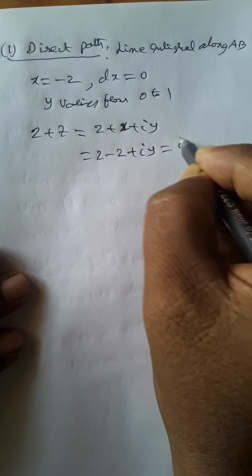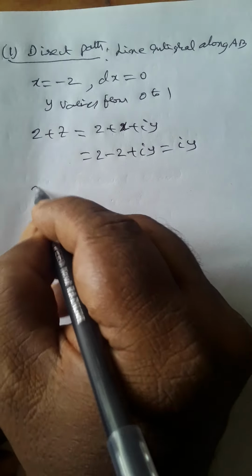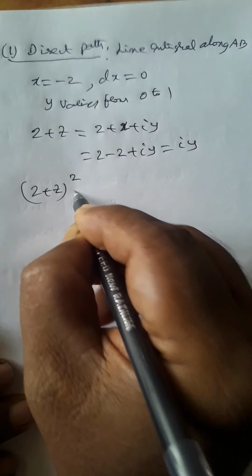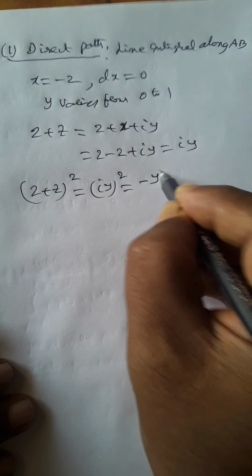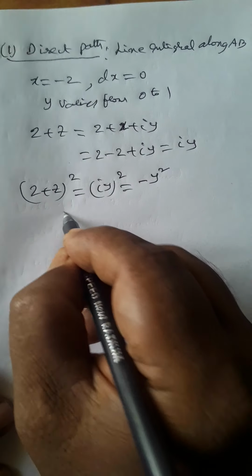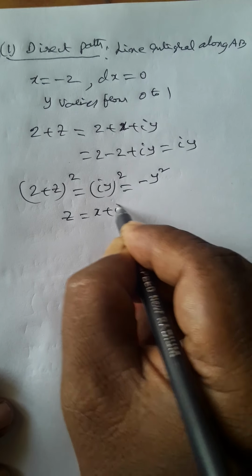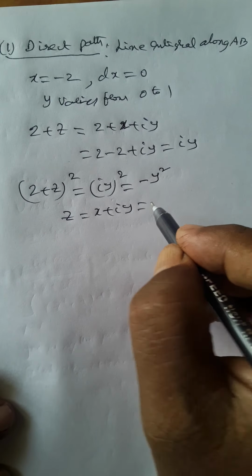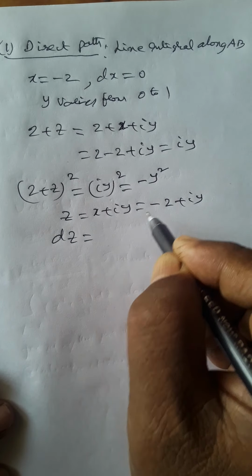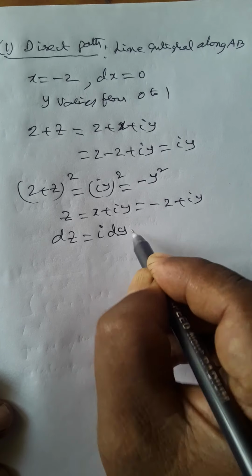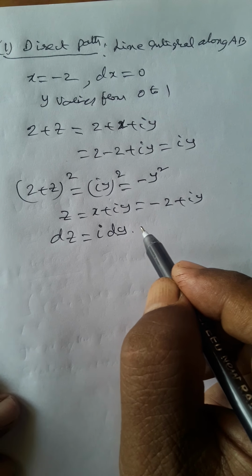The 2s cancel, we get iy. 2 plus z whole square is iy whole square, i square is minus 1, so minus y square. Z is equal to x plus iy, x is minus 2 plus iy, dz is derivative of minus 2 which is 0, plus i dy.